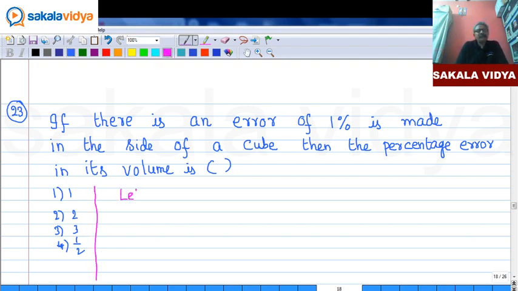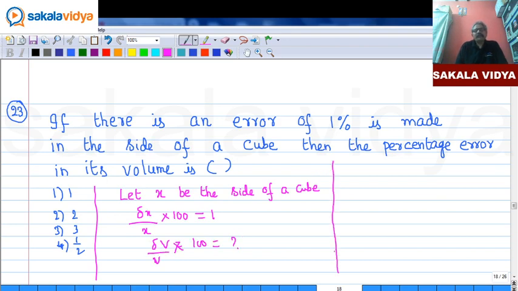Let x be the side of a cube, and what is given? Delta x by x into 100 is given, the percentage error in the side is 1%. Now, delta v by v into 100 is equal to question mark.